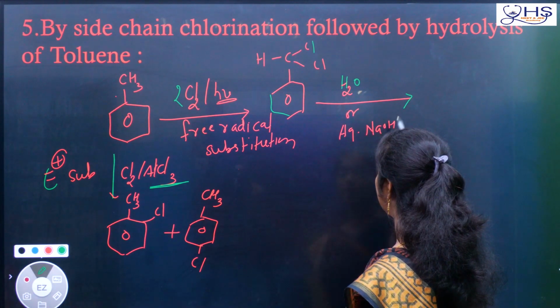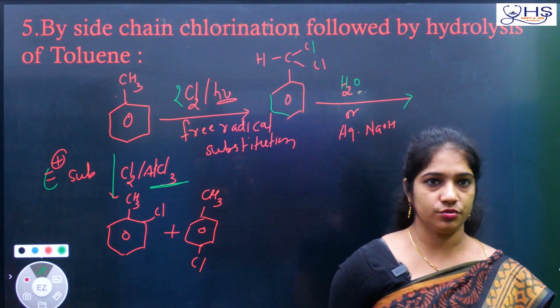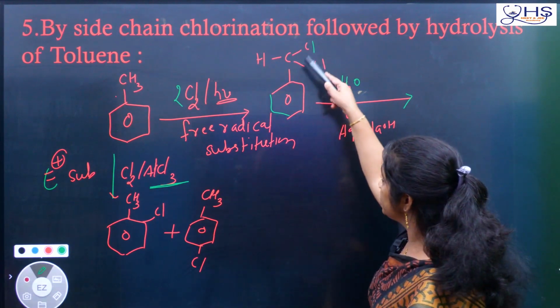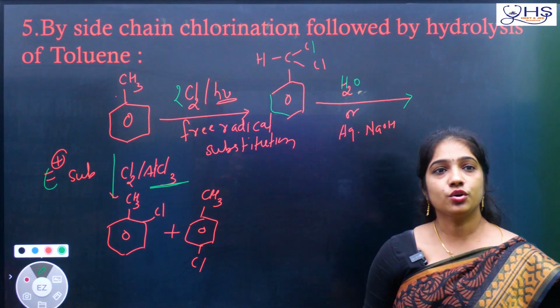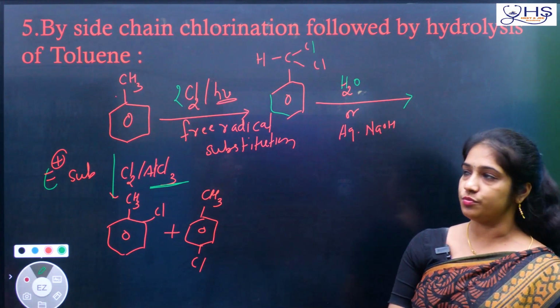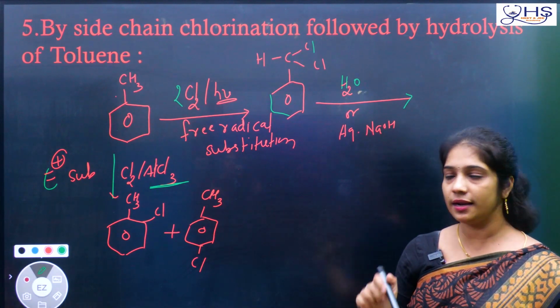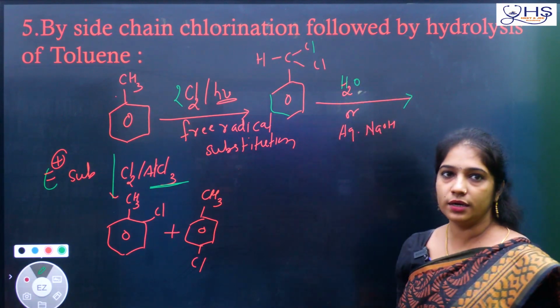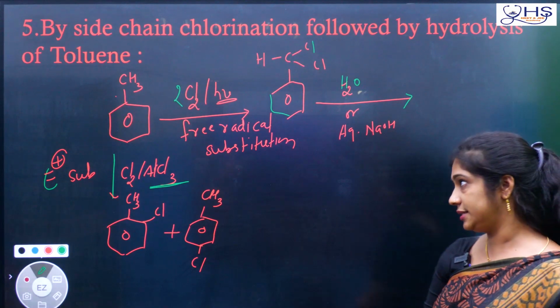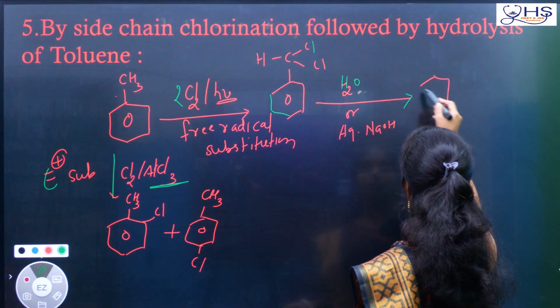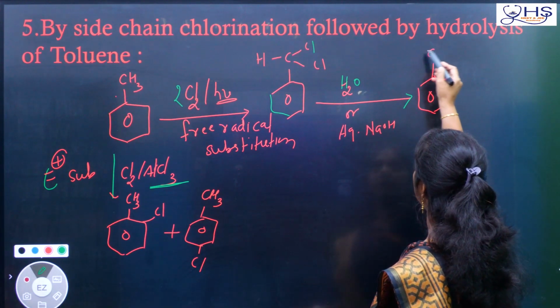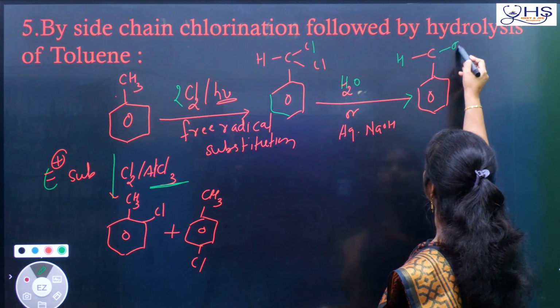What we are going to do over here is nucleophilic substitution. See, what is the nucleophile over this? Chlorine or what? Nucleophile. See, the chlorine will be substituted with the OH group. So either you can take water or aqueous NaOH also. Both are correct. In NCERT they are giving water. No problem. You can take any one of these. So this 2 chlorine will be replaced with OH group.